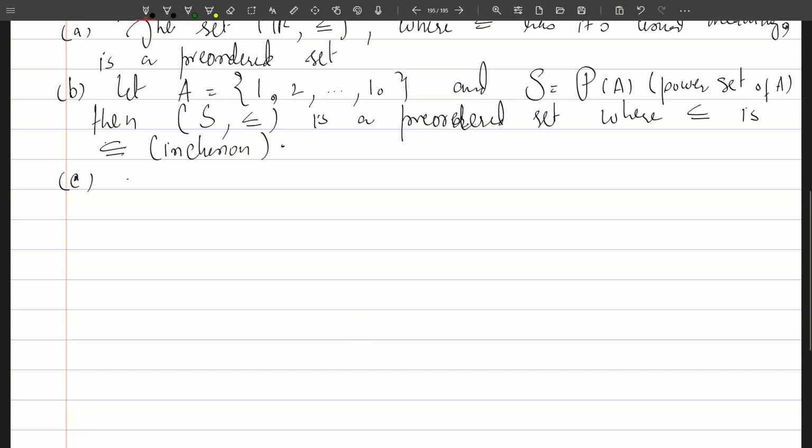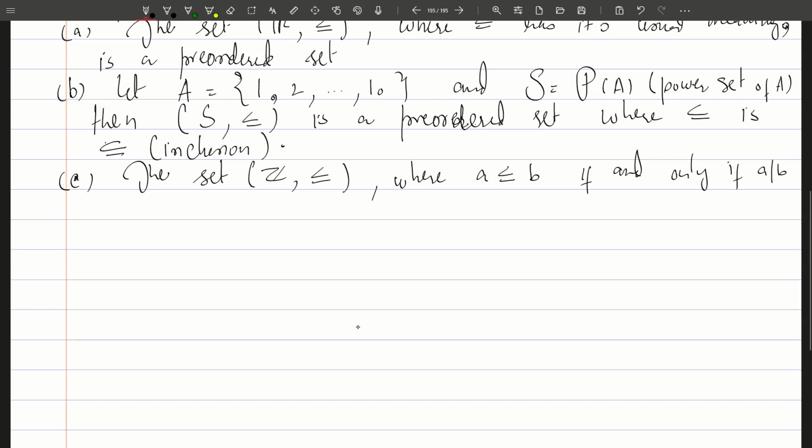If I take the set of integers with less or equal pre-order, where a is less or equal to b if and only if a divides b for all integers a and b, then this order is also a pre-order. So this is a pre-ordered set.